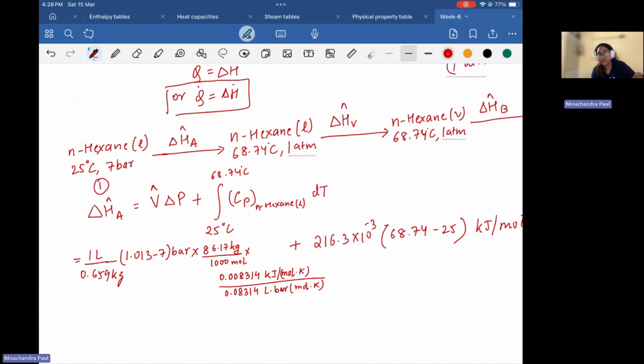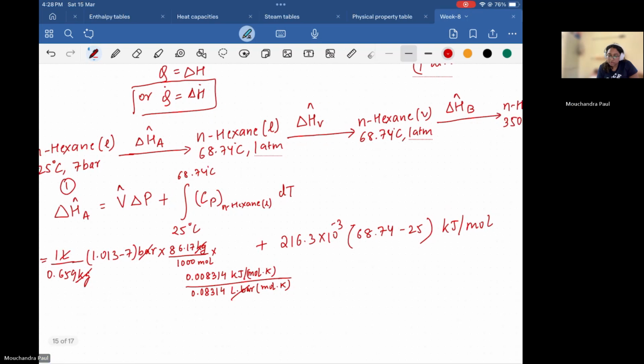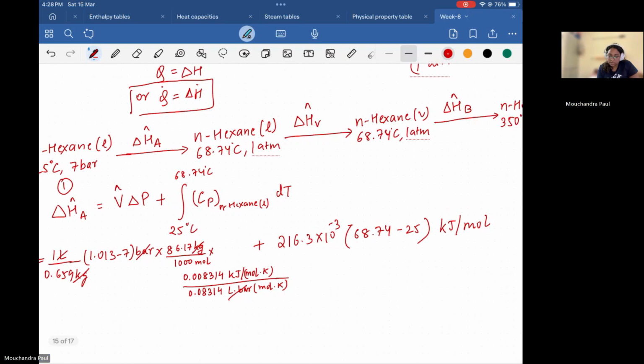So basically, we have used two forms of R with two different units. With this, we can cancel out meter and bar. We can also cancel kg, and we will be left with kilojoule per mole.